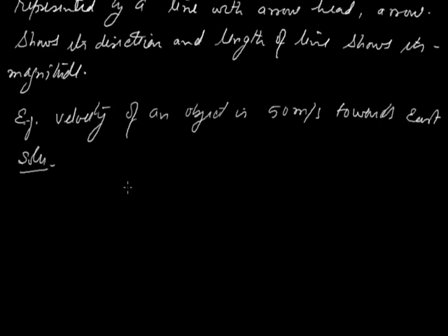Now the solution. We have to show the magnitude 50 meter per second, so assume a scale. Suppose the scale is 10 meter per second to 1 centimeter. So the value of 50 meter per second will be 5 centimeter.